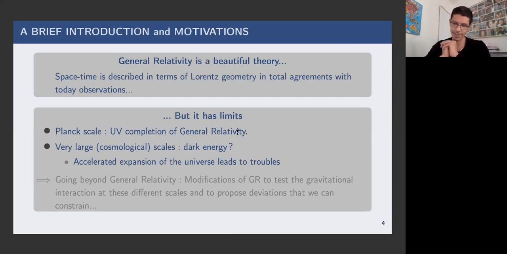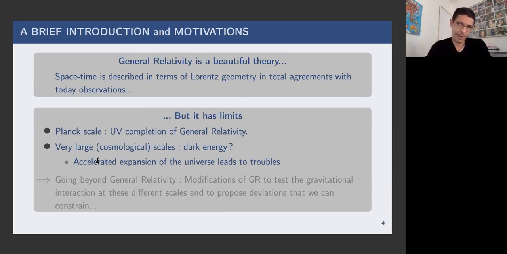We know that this theory has to be superseded or modified at small scales. For instance, general relativity is limited in describing what happens at the Planck scale, at the Planck mass. And we know that we need a UV completion of the theory to say something.